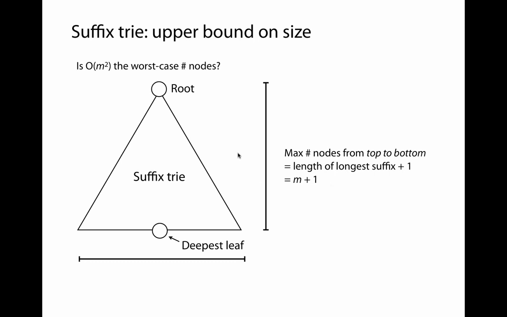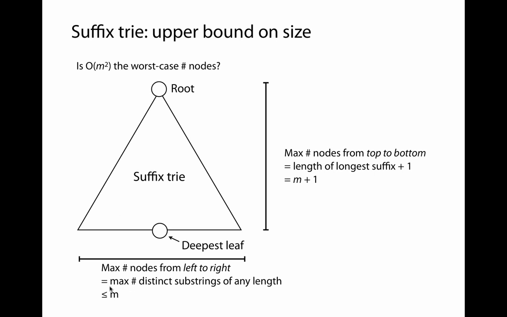So now, what about the width of this suffix trie here? This is a little harder to think about. But you can say that the width at any given level of the suffix trie, any given depth within the suffix trie, is equal to the number of distinct substrings of that length. So if we're at depth 3, we're looking at a number of nodes equal to the number of distinct substrings of length 3.